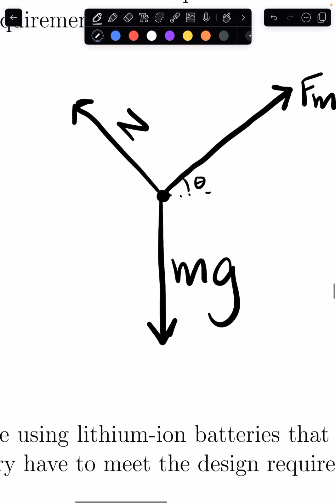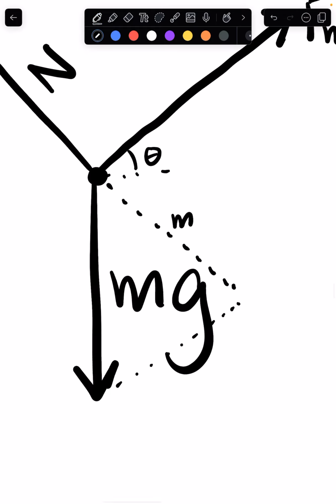We can draw a triangle here with our mg, and we want to find the length of this line right here, which is going to be equal to mg sine theta.